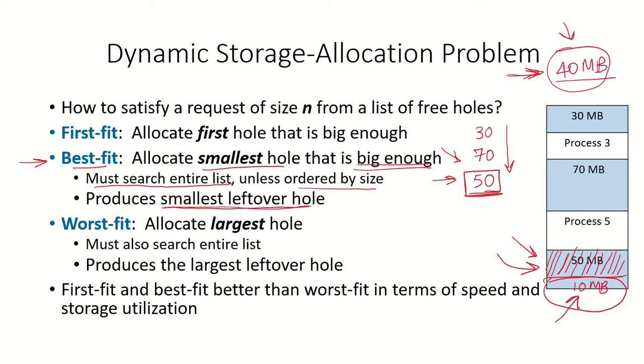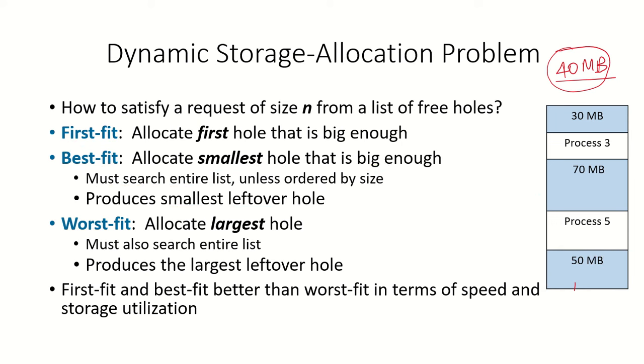Had this 40 MB come in the other hole, it would have left a hole of 30 MB. Now that 30 MB would have been used for some other process. In this case, we can use the complete 70 MB for a new process, and this leaves a very small hole of 10 MB. So the best fit algorithm works in this manner.